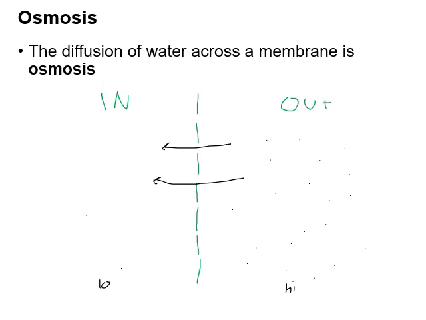Osmosis, which is the movement of water, is going to go in the opposite direction. Water is always going to go from where there's a low concentration of solute to where there's a high concentration of solute. So the solute and the solvent are always going in opposite directions. The movement of the solvent, the water, is osmosis. The movement of the solute is diffusion.